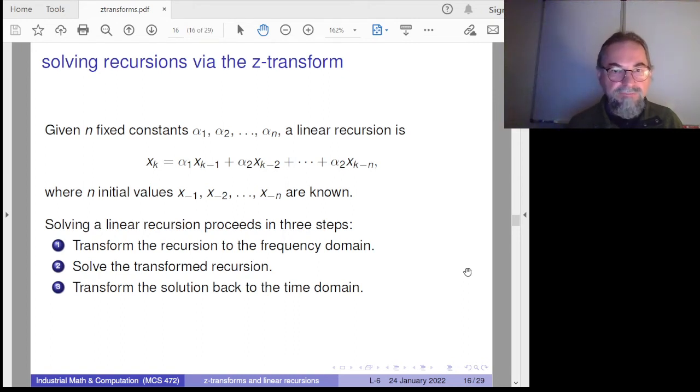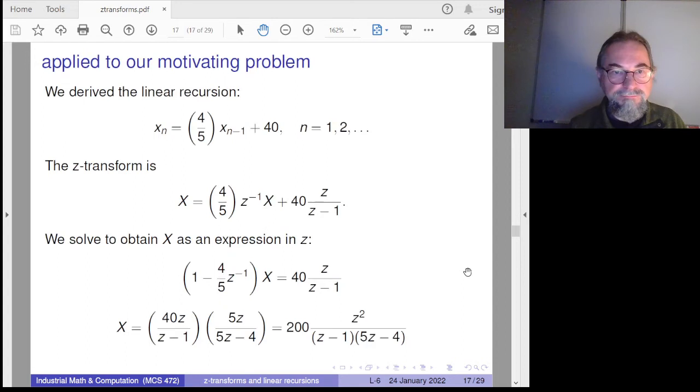If everything seems rather abstract and artificial, don't worry. I hope that it will become clear when we get more into system theory. All right, so this is the general principle of how a recursion relation is solved. Let's apply this to our motivating problem.